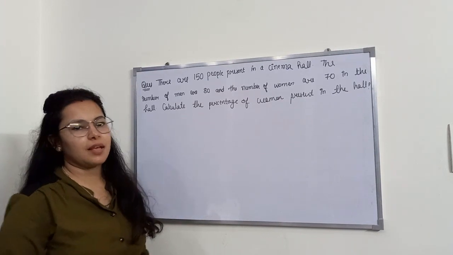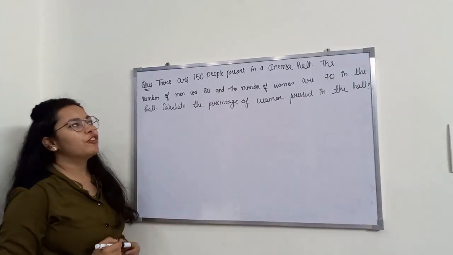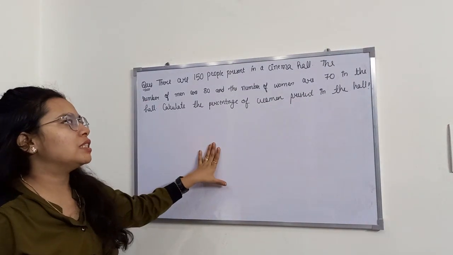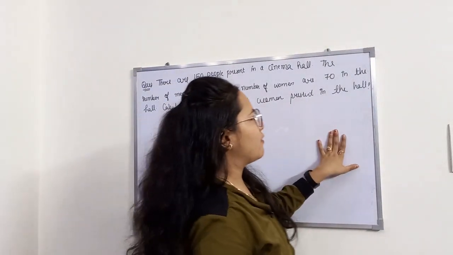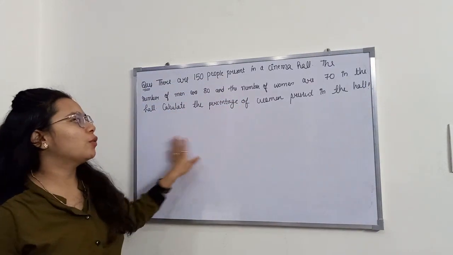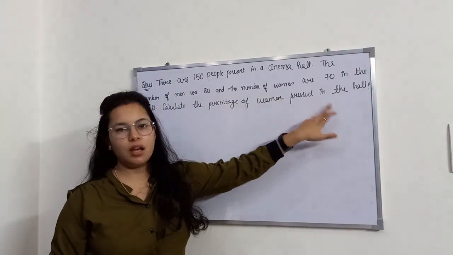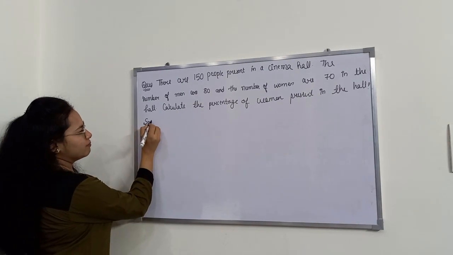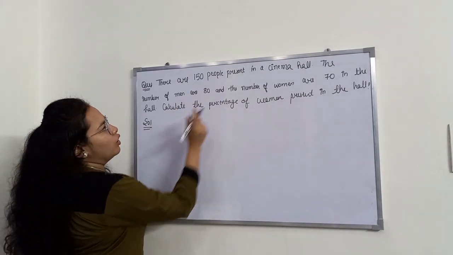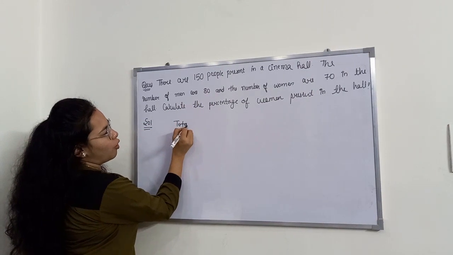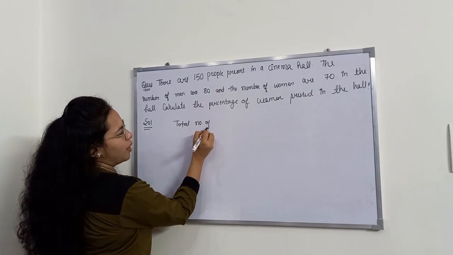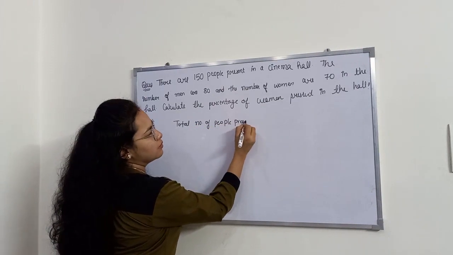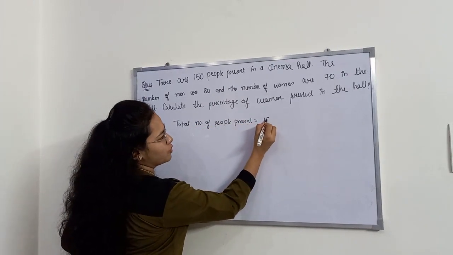Now discuss this example. There are 150 people present in a cinema hall. The number of men is 80 and the number of women is 70 in the hall. Calculate the percentage of women present in the hall. So first we write the given values. Total number of people present is 150.